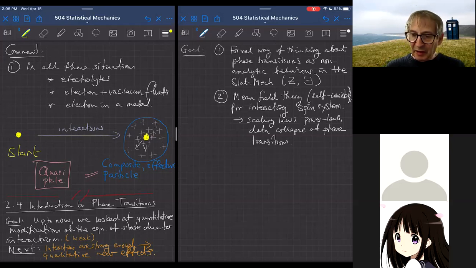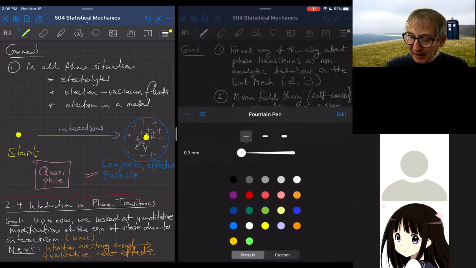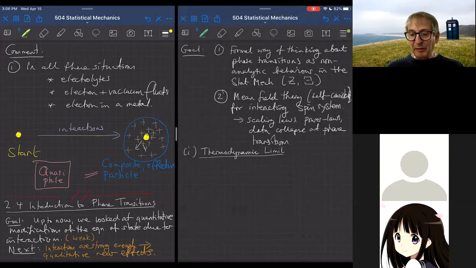Okay, so let's start off then with the first part, and this first thing that I'm going to be talking about is the thermodynamic limit. So you might say, well, why are we talking again about the thermodynamic limit? Haven't we done that?